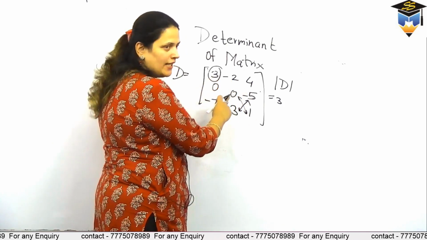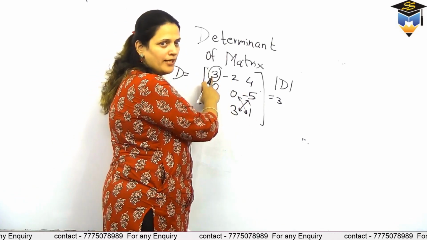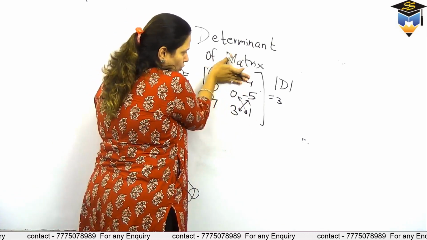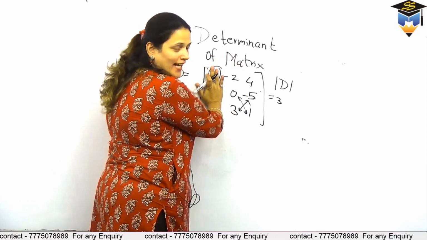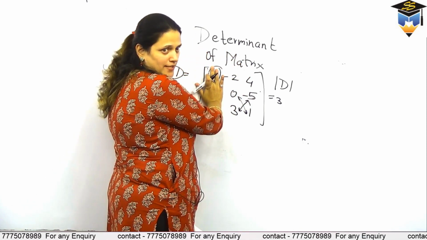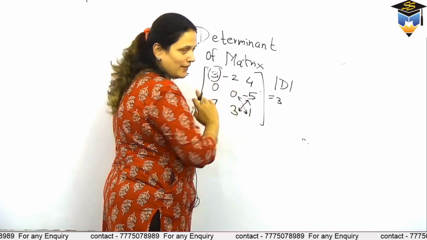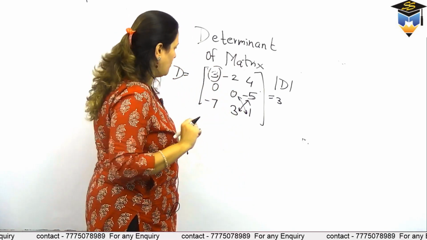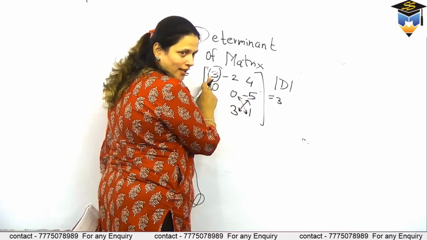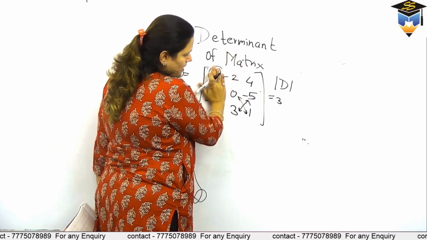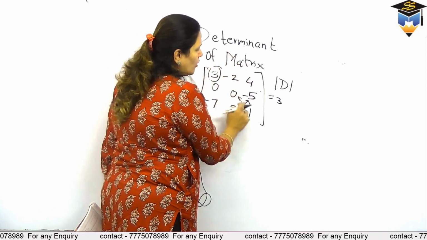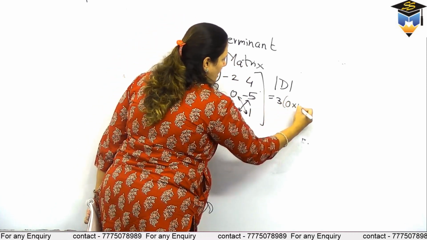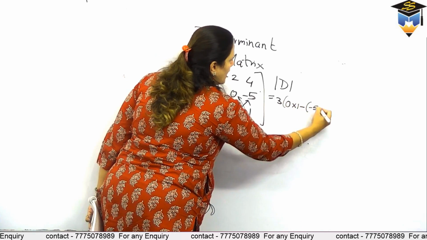We have taken the first element, not considering that row and that column, ignoring that and taking the other elements, cross multiplying them, and you have to put a minus sign in between. I'll show you how. So when we take this 3, I'm not going to consider this row and this column, and 0 into 1 minus of -5 into 3.